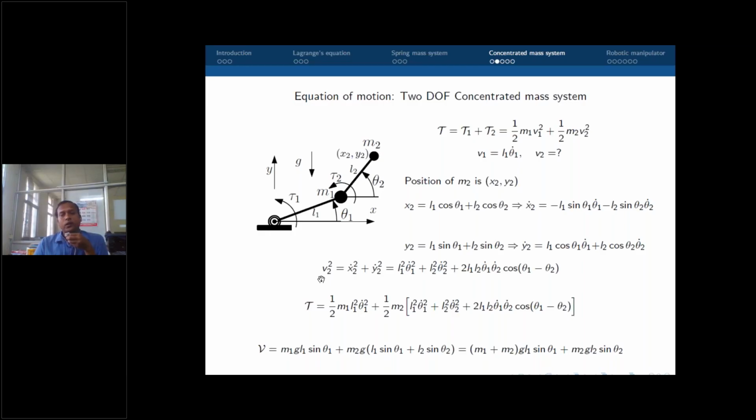Once we have v2 square, we substitute it in the top expression for kinetic energy T. By substituting this quantity we get the definition of kinetic energy, which is half m1 l1 square theta 1 dot square and so on. This is just the substitution of v2 square in the expression of T.